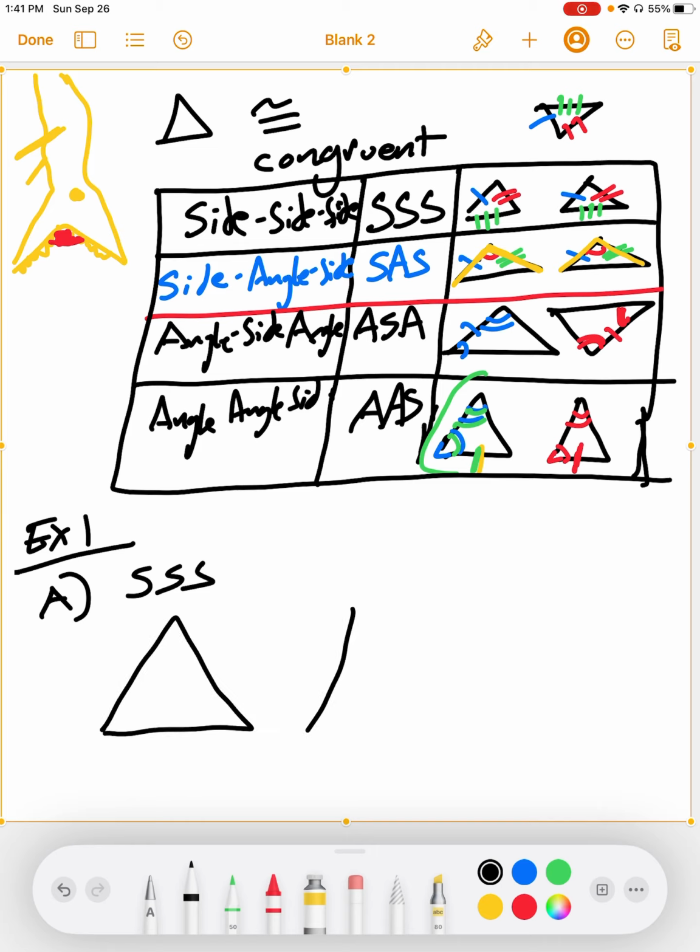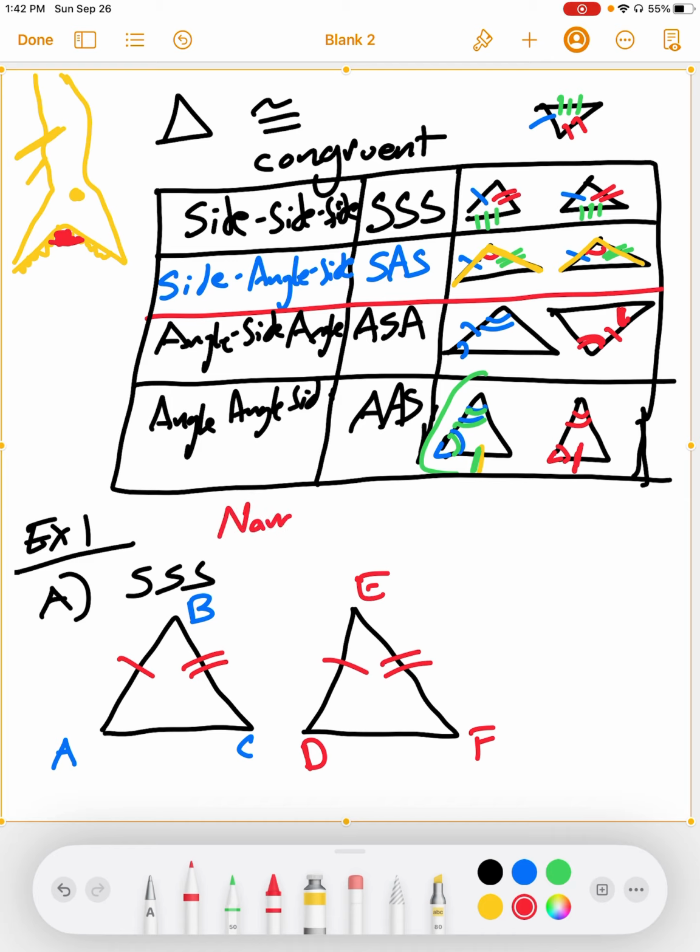Okay, and we had two triangles, and they were named A, B, C, and D, E, F. Okay, and let's say we knew AB was congruent to DE, BC was congruent to EF, and they want side, side, side, and they're going to say, name the third congruence to make it side, side, side. Okay, so name the third congruence.